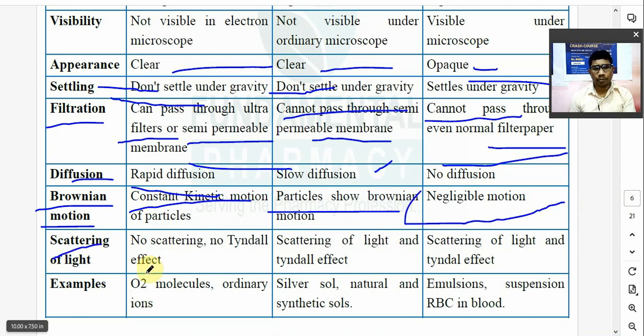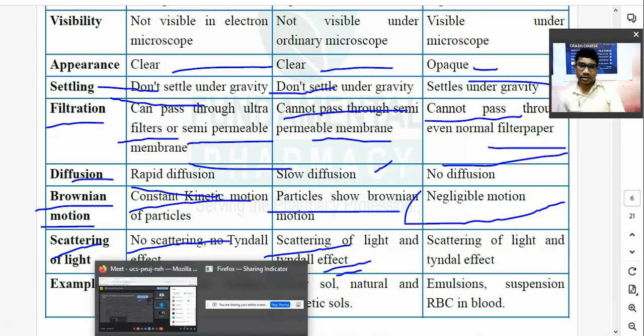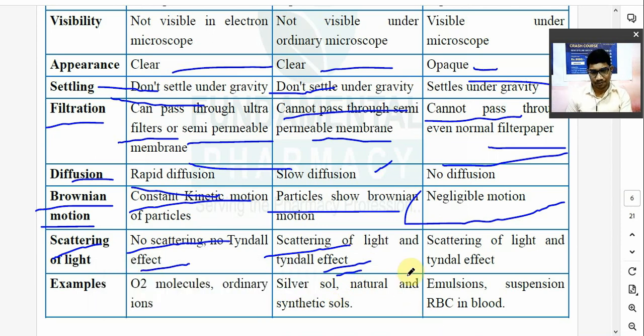So in case of molecular dispersion, no scattering or no Tyndall effect. यहाँ पे लाइट स्कैटर नहीं होगा, यहाँ पे लाइट एब्जॉर्ब होगा या फिर लाइट यहाँ पे पास होगा. In case of colloidal dispersion, scattering of light is there and Tyndall effect is there. That's why colloidal dispersion will look turbid under light. If you pass a light beam through colloidal dispersion, it will look turbid.